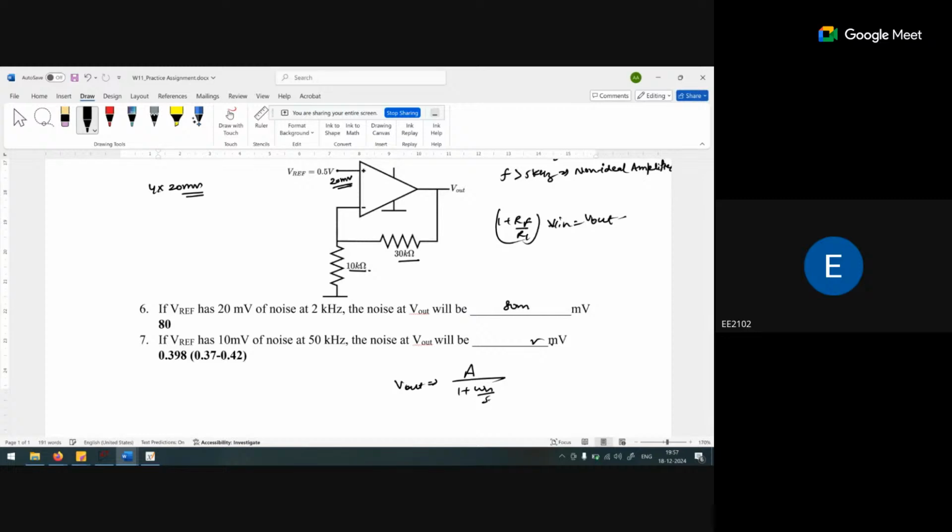V out by V in is A upon 1 plus S by omega n. A single pole transfer function is this one. Now what is the gain? The gain is 4. So 4 upon 1 plus S by omega n. What is omega n and what is S?